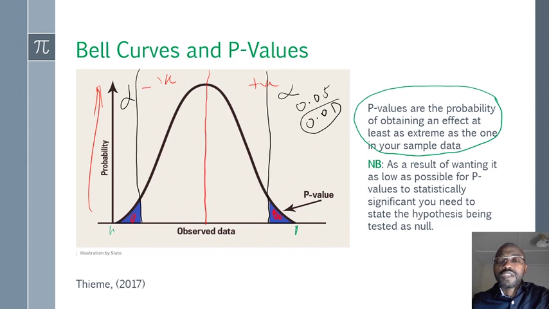Alternatively, when we are saying it's 0.05, we're saying that the likelihood of you getting the same result is equal to 5 or less than 5%.